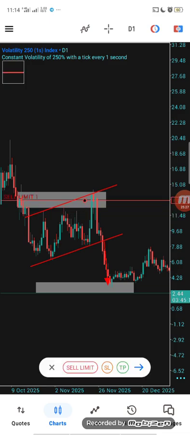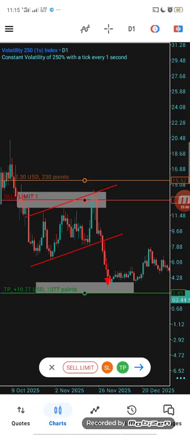For example, you put your sell limit around this supply and demand zone like that. Your SL will have been somewhere above, like $2.30 for those who used. For example, if I used one lot size on the Volatility 51x index, then my TP would have been somewhere around here, this shadow zone area.